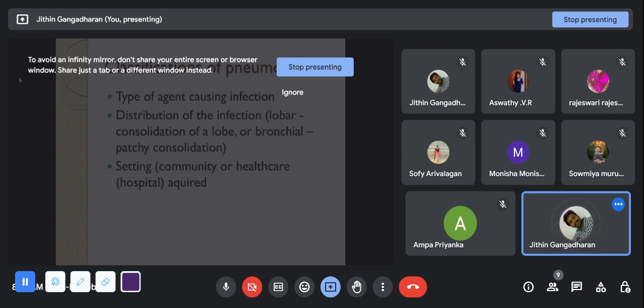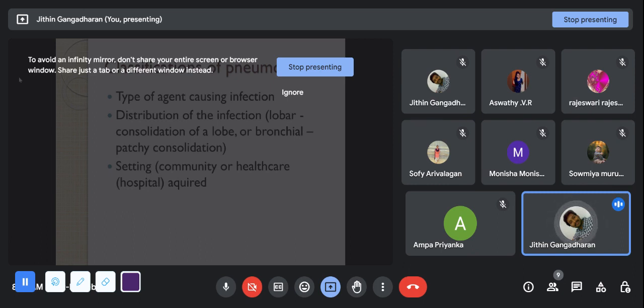So that is the first classification of pneumonia, on the basis of where it is acquired.